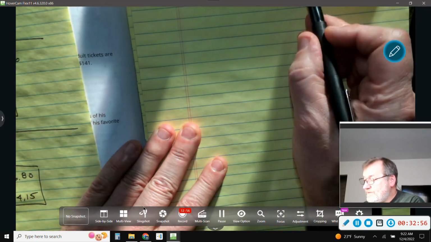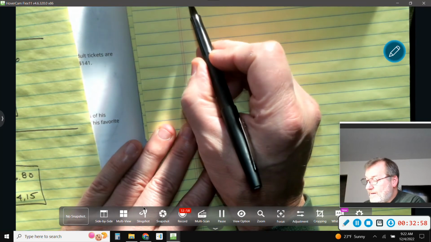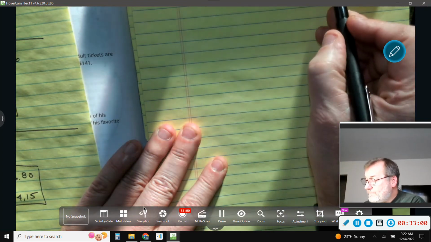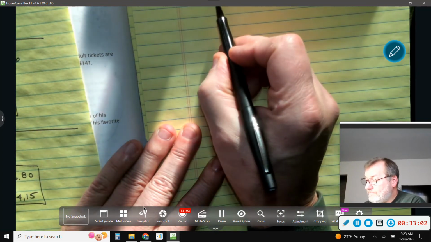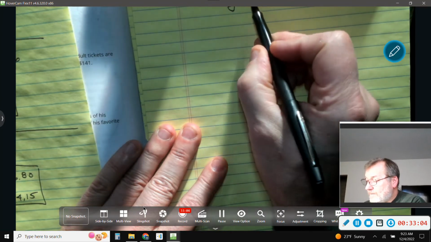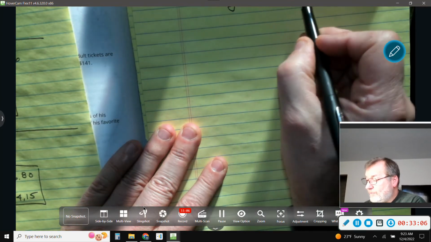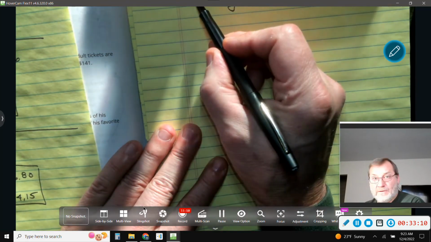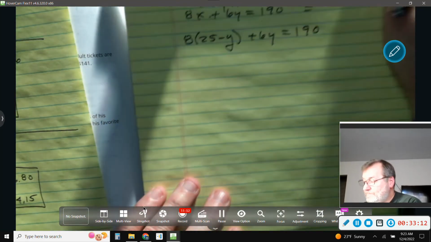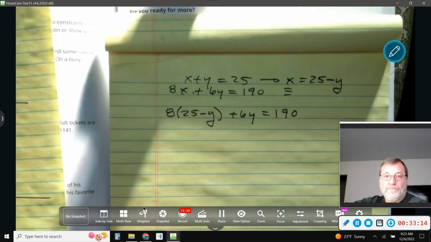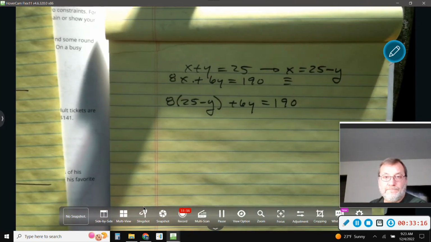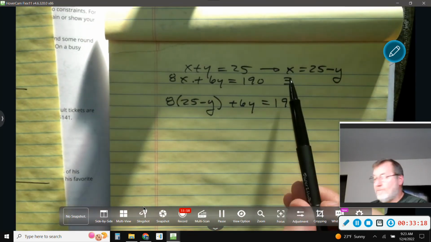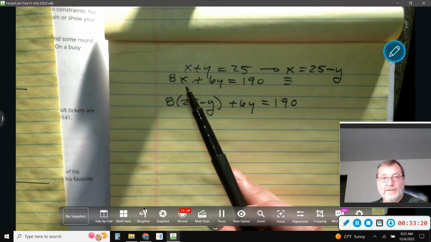All right. Next, I'm going to substitute it in down here. If I substitute in, I know what x is. I get 8 times the quantity 25 minus y, plus 6y equals 190. Alright? So now we have to use our distribution. As you can see, I solved for x and then took it into this equation.